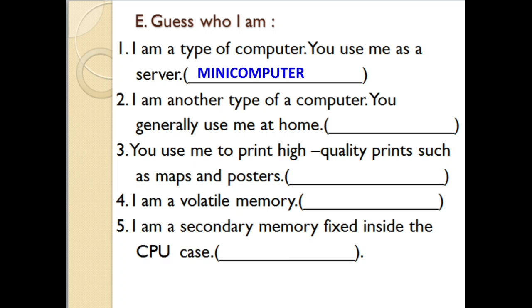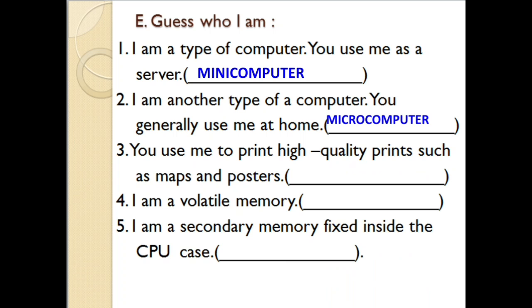The next one: I am another type of computer. You generally use me at home. So at home we are using a computer. That computer's name is personal computer and it is a microprocessor type computer. So the answer is microcomputer.